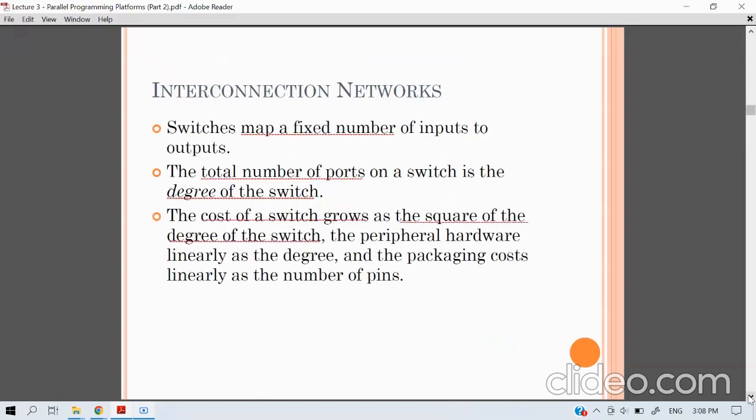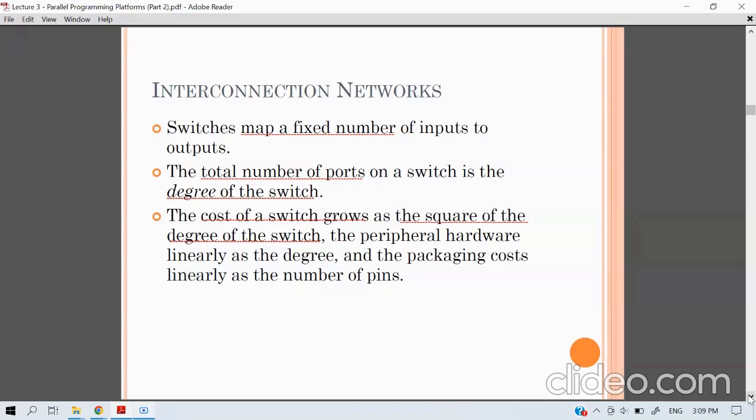All right. The switches that we use to connect processors and memory map a fixed number of inputs to outputs. The total number of ports on a switch is the degree of the switch. So if we want to know how many switches we need in the interconnection network, we need to look at the total number of ports.